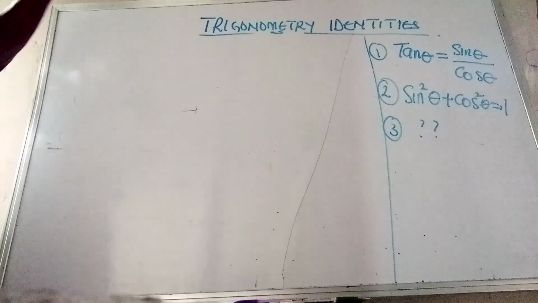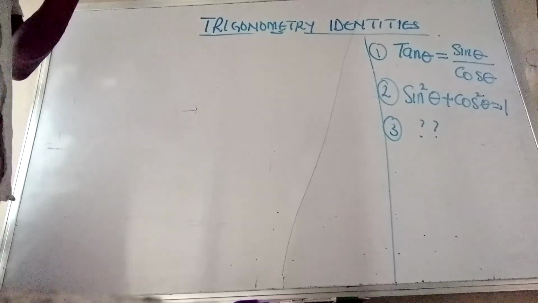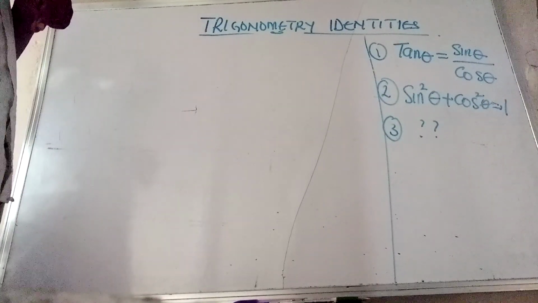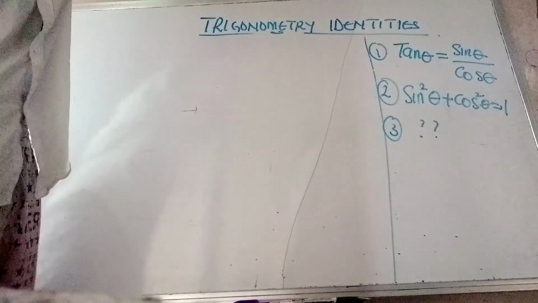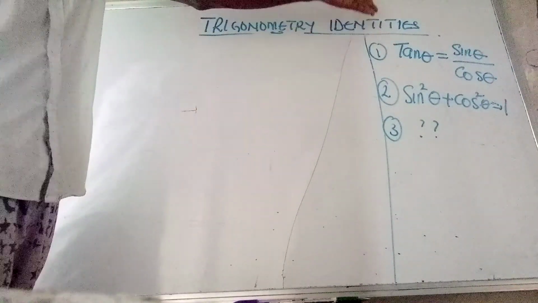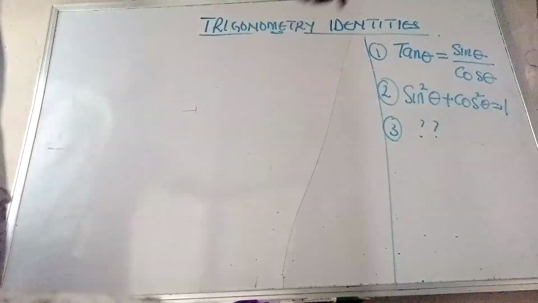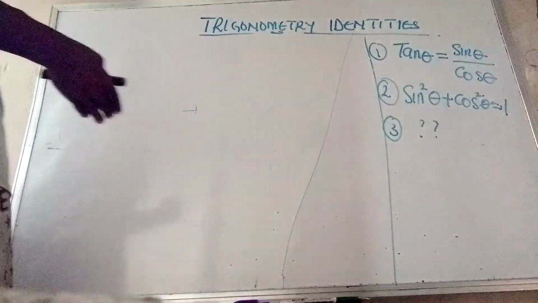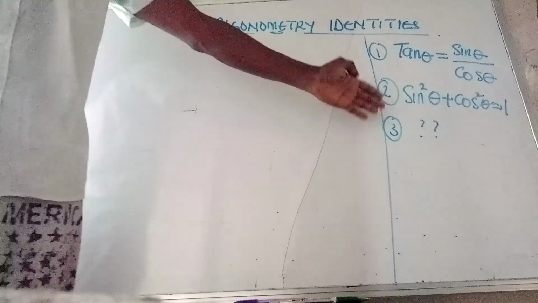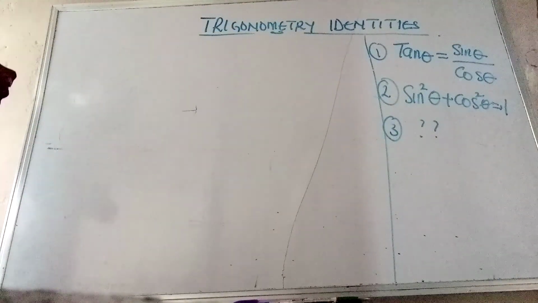If you are not aware of this, please go and click on my channel and pick the trigonometry playlist. You will see the last episode where it stopped. Now, I want to prove another identity, which is the third one. Please come along with me.